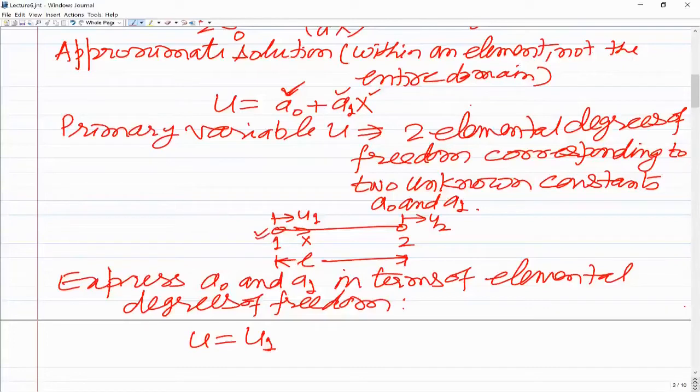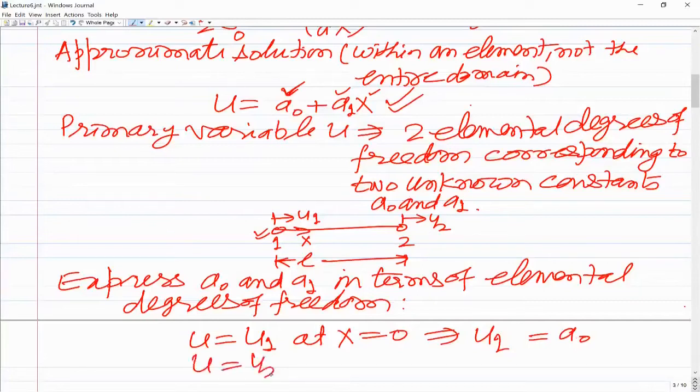U equal to u1 at capital X equal to 0. So if we put this now in this expression over here, we will have u1 is equal to, capital X equal to 0 means, a0. So that is one equation. Second is u is equal to u2 at capital X is equal to L. That is, the value of u at this node is u2.